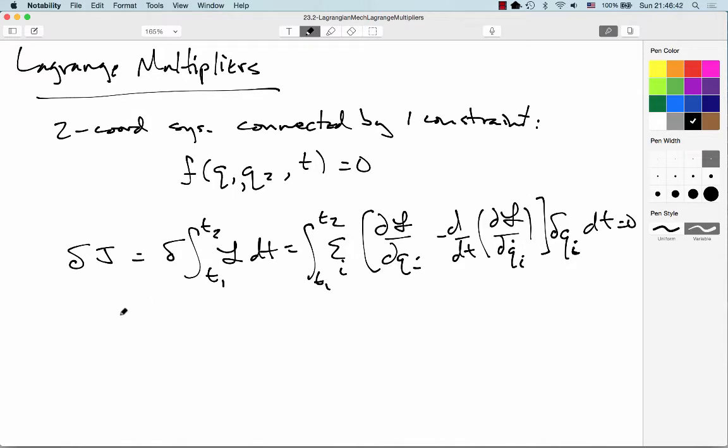So now let's explicitly break out the sum.